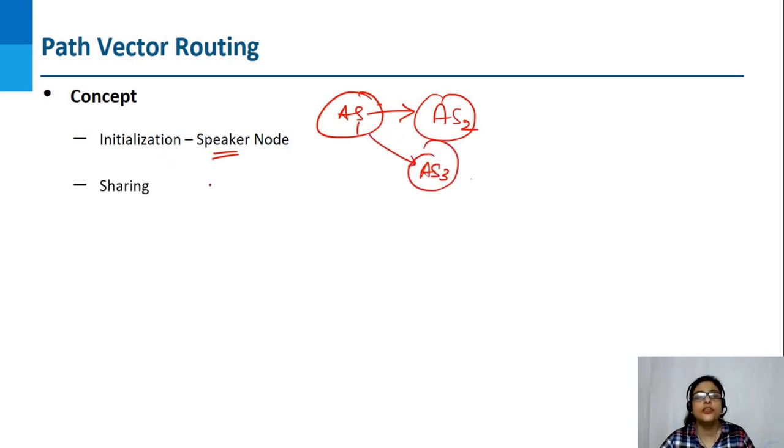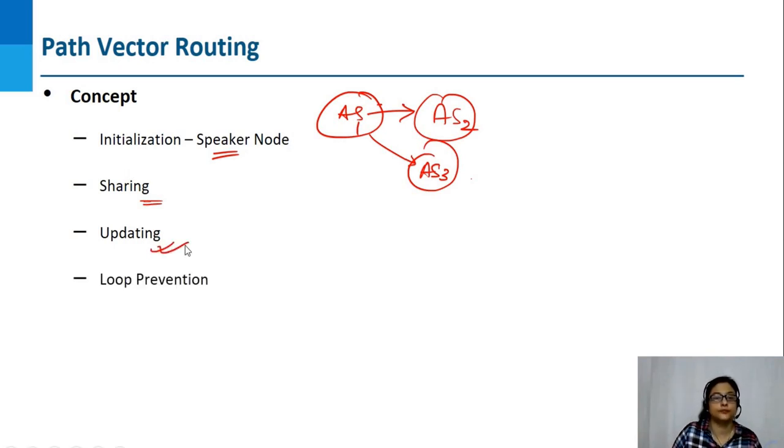Then after initialization, sharing of information is done as in distance vector routing to update the routing tables. Then updating is done for each of the routing tables. There is a term called loop prevention. This loop prevention is done to prevent instability.